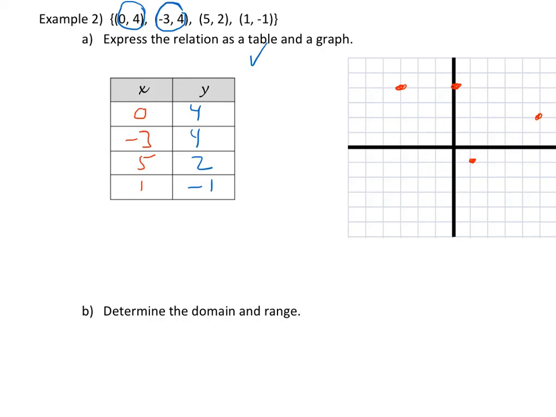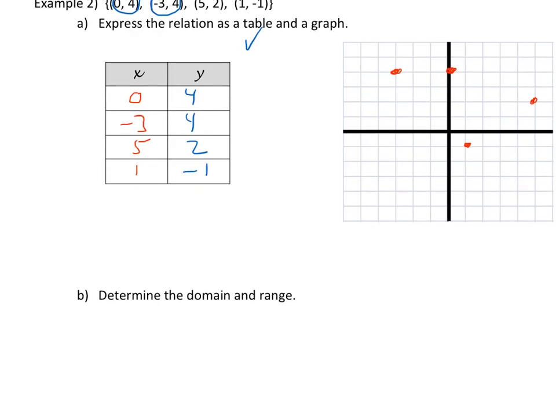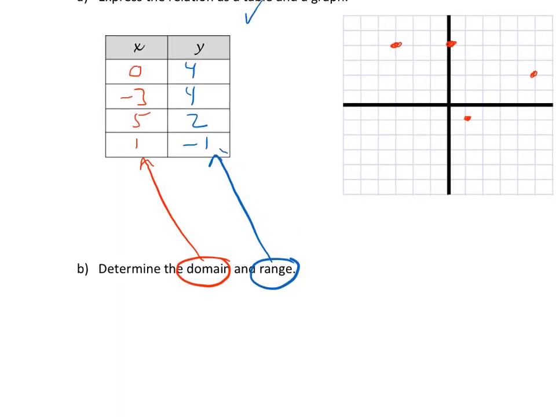Now, our last part of this question says, determine the domain and range. Well, we've already done this, because if you remember, when we put it in a table, all the x values are considered the domain. And the range are all the y values. So officially, if you were to write this down, you would say that my domain is 0, -3, 5, and 1.